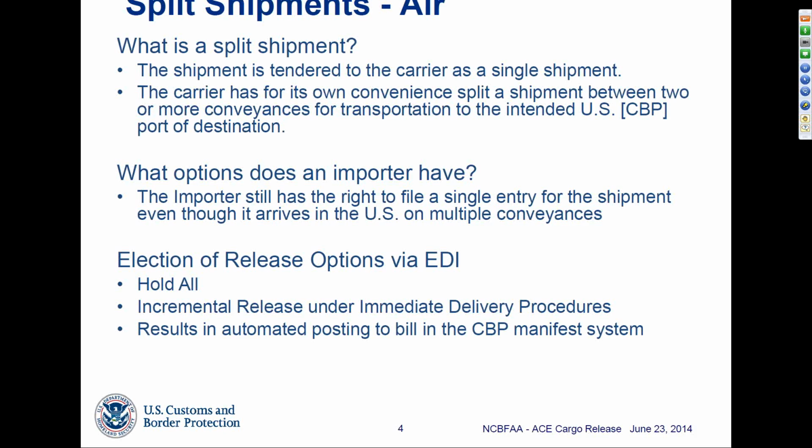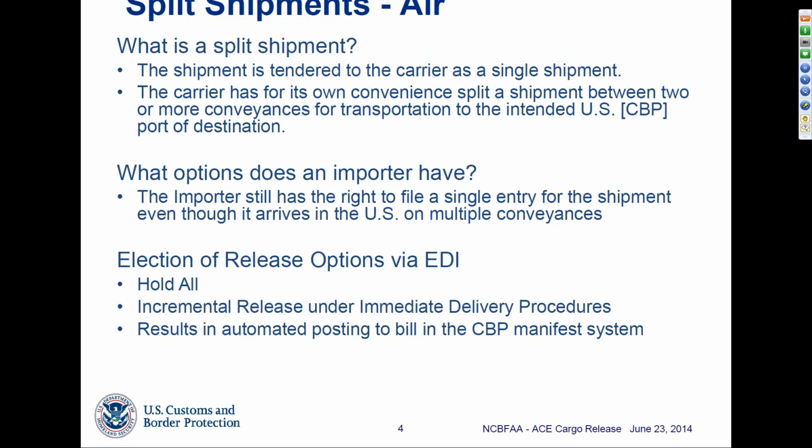What we've upgraded is, as soon as the carrier notifies CBP on the manifest, wheels up, sometimes before, sometimes wheels up, and sometimes after, CBP will search the system for entries for that bill, and as the filer, they will notify you immediately in a response message, a disposition message, that this shipment has been split, and here are all the details of Part A, and if Part B is already manifested, we'll tell you about Part B, and so forth until all the parts of the shipment are there.